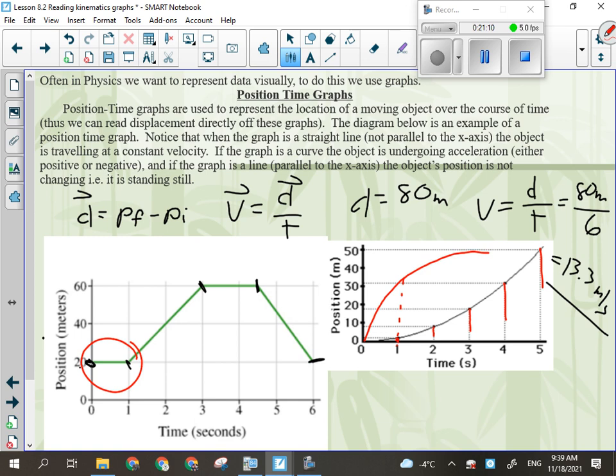And then between 1 and 2 seconds, it went this far, and then each one, it gets shorter and shorter, right? It's slowing down. Everybody with me there? It gets flatter and flatter, because once the line's flat, the object's not moving anymore. These are the interpretation kind of things that come up in certain types of questions.